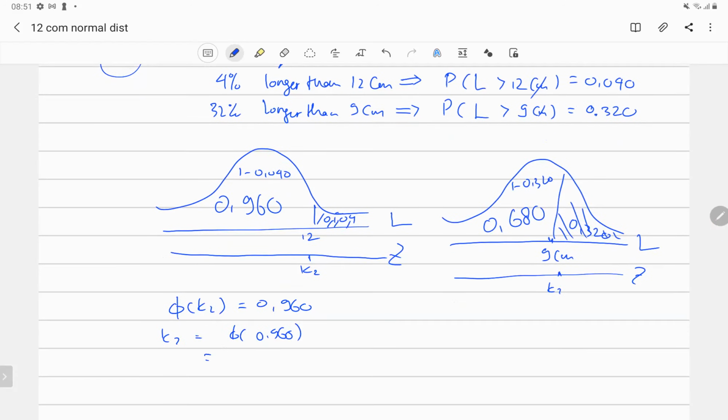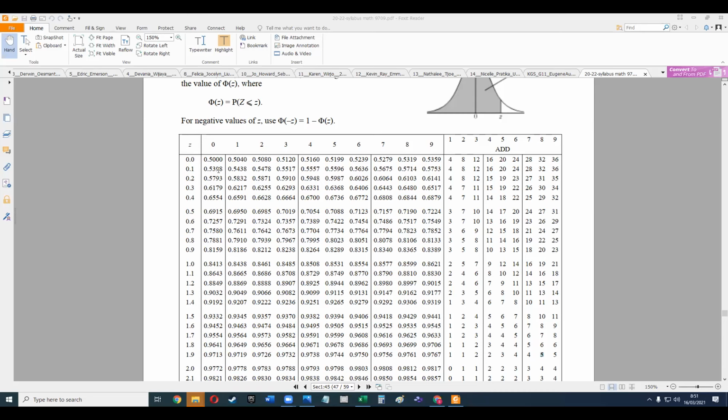So we need to find 0.96. Read on this table here the number closest to 0.9600, but not more than. Here, there. Okay. The number we need, 1.8, is too big. So we're going to here. From here, read to the right, keep going until we have closer to 0.9600, but not more than.